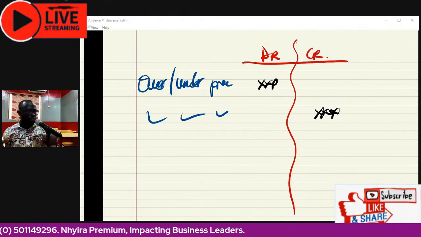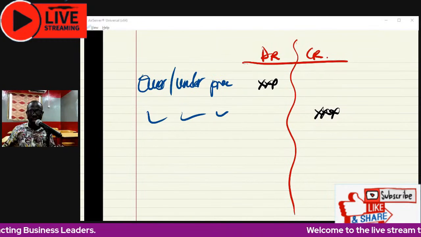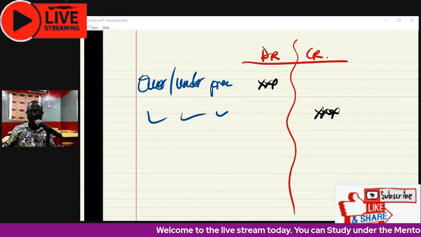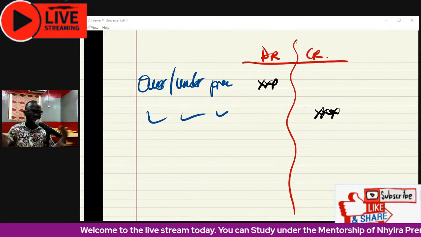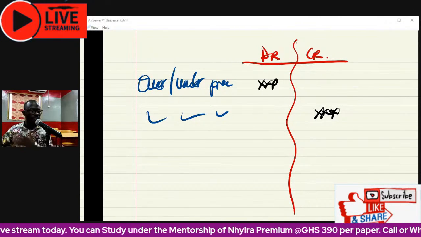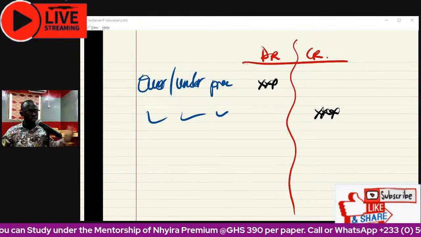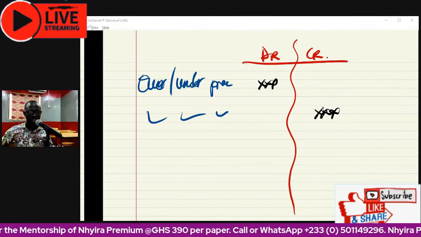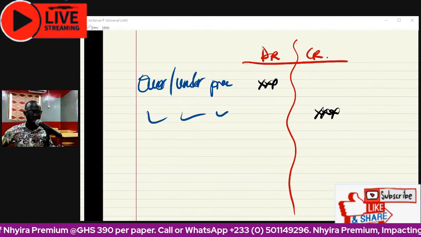If it is on the debit side, take it as balance brought forward on the debit side. But in some circumstances, you have to interpret what it is if it's on the debit side, and what it is if it's on the credit side. It's going to be very simple in that particular case.